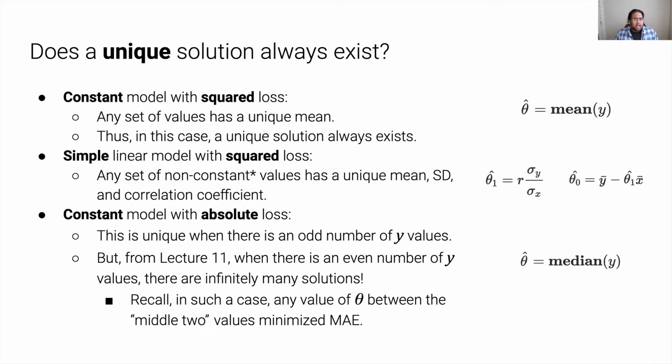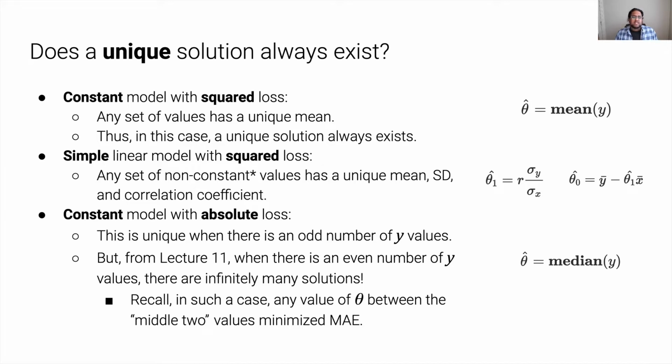We also looked at the constant model with absolute loss, and we saw that the value of theta that minimized average absolute loss was the median of our y values. And so this was unique when there was an odd number of y values, but you may remember at the end of that video, we looked at a little example where we had an even number of y values, so an even number of observations, and it turned out that there were infinitely many solutions for theta that minimized mean absolute error.